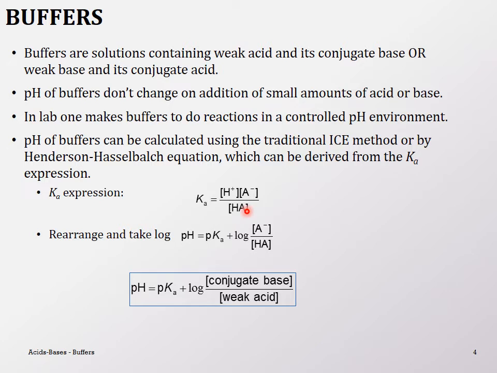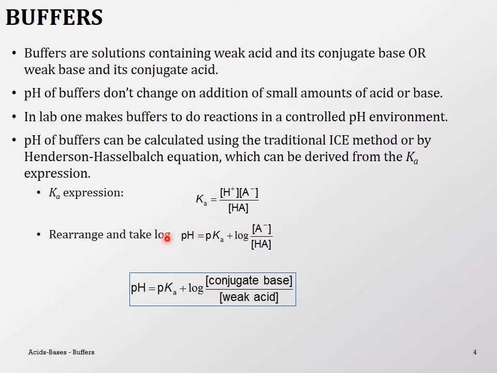What we do then is rearrange this equation to keep the pH on the left-hand side, and then we take the log of everything. Remember, to calculate the pH we take the negative log of the hydronium ion concentration. So we took the pH out and the Ka to the other side, and that's the rearrangement.